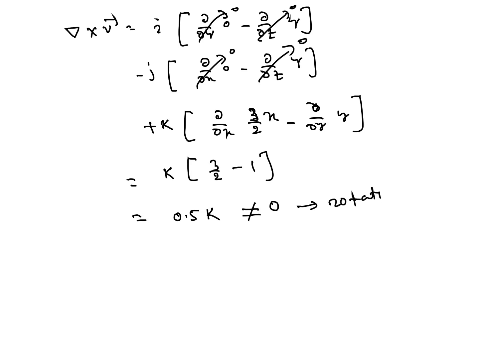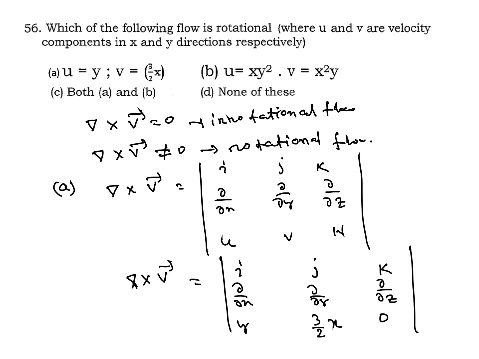Now option C, both A and B, is there, so B also we have to check. For option B also we have to check the curl.